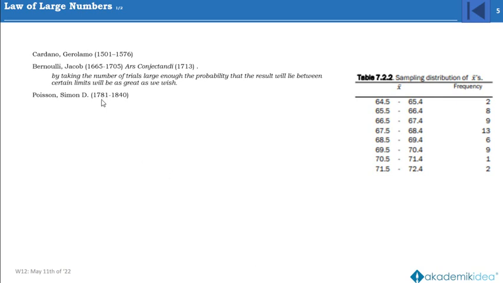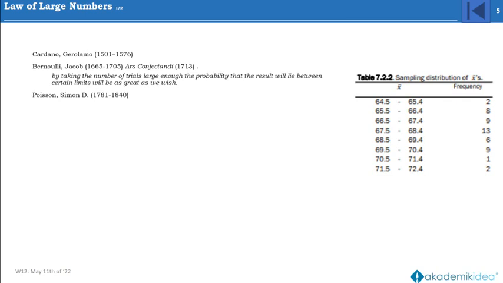Much later, 18 years later, Poisson, Simeon Denis, further described this law under the name La Loi des Grands Nombres in French, meaning in English the law of large numbers. Thereafter it was known under both names, but the law of large numbers is most frequently used.